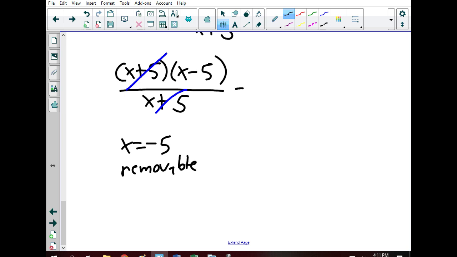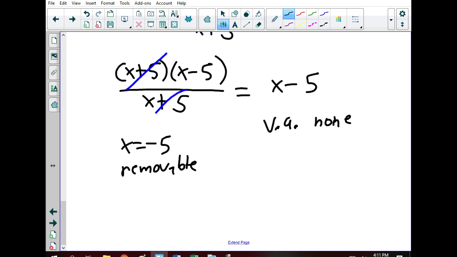But in the most simplified form, if that x plus 5 goes, all I'm left with is x minus 5. So what do you think my vertical asymptote is going to be? You think it's going to be 5? Well, it's actually going to be none. Again, the vertical asymptote or the infinite discontinuity is the value of x which makes your denominator 0.